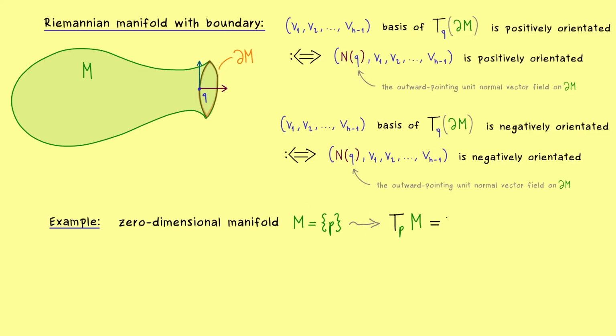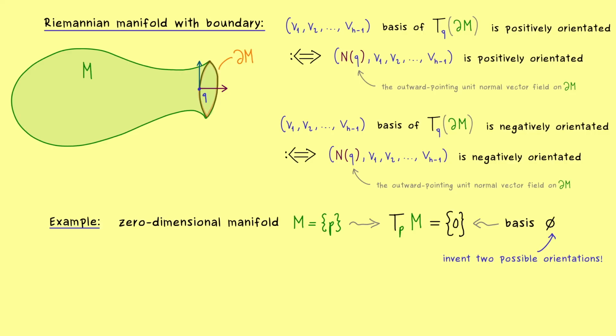And now the only problem that we have is that the basis of the zero-dimensional vector space is simply the empty set. And for the empty set, the notion of orientation breaks down. Nevertheless, we still want to work with orientations in that case as well. So we just artificially put two possible orientations on the empty set.